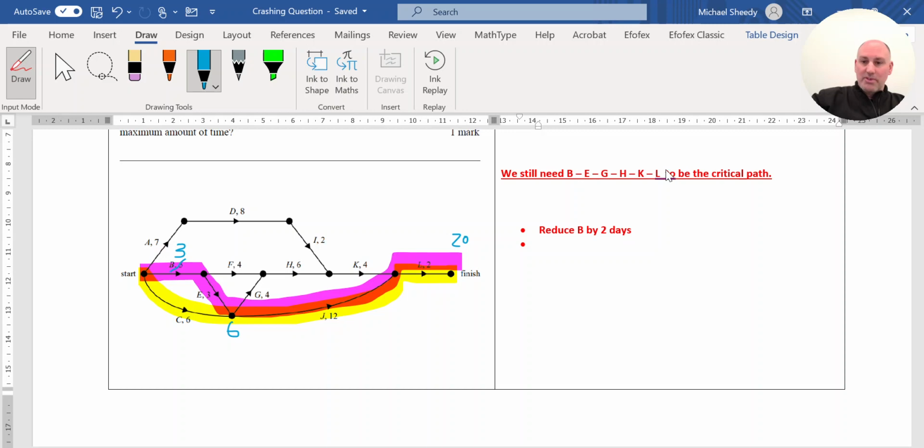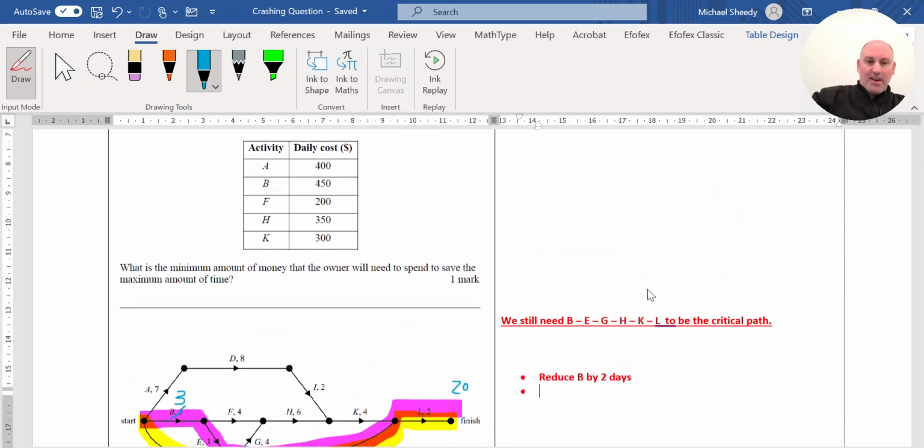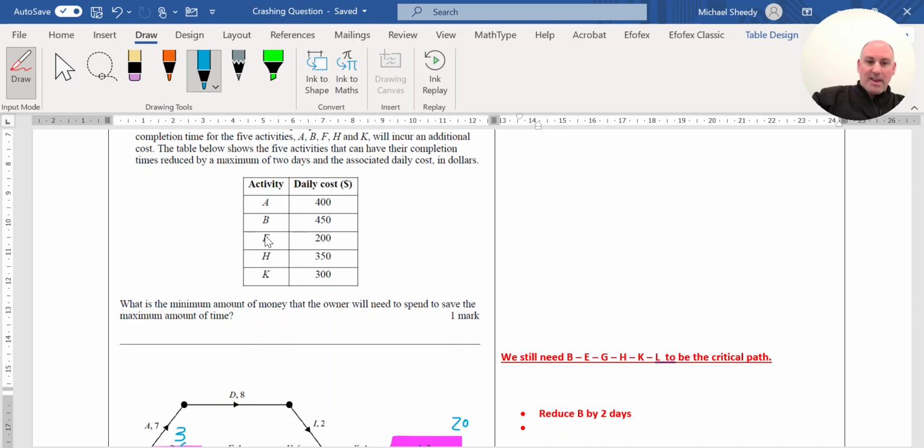So the original critical path is sitting at 22, and we need to reduce that down to 20. So I need to look at how that's possible, and I can only reduce A, B, F, H, or K. They're the only ones I'm allowed to reduce. Keep that in mind.